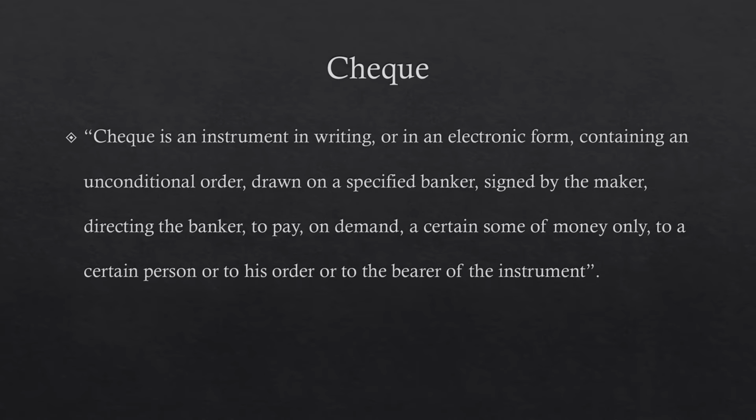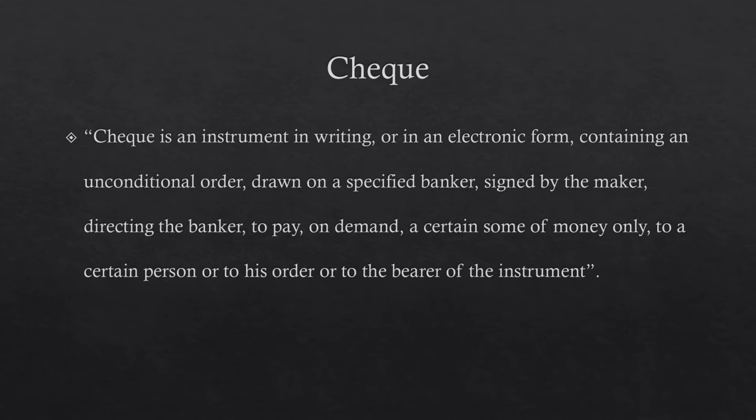Now, moving to what a check is, it's also an instrument, just like a promissory note or a bill of exchange. But this instrument comes up in writing and it can take the electronic form. And what does this check contain? It contains an unconditional order drawn upon a specified banker, which means the check should be submitted to the bank wherein the drawer has an account.